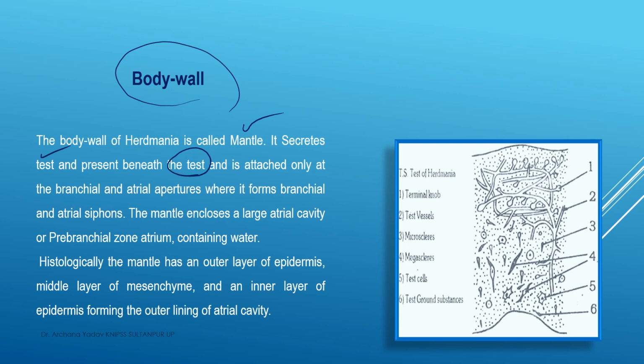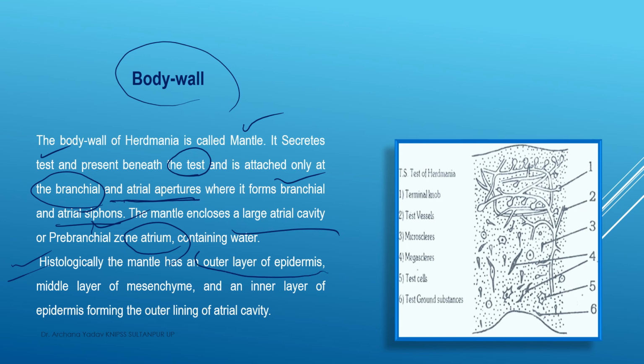It is attached only at the branchial and atrial siphons and it forms the corresponding branchial and atrial siphons. The mantle encloses a large water-filled cavity, or atrial cavity, known as the atrium. From a histological point of view, the mantle has three layers.